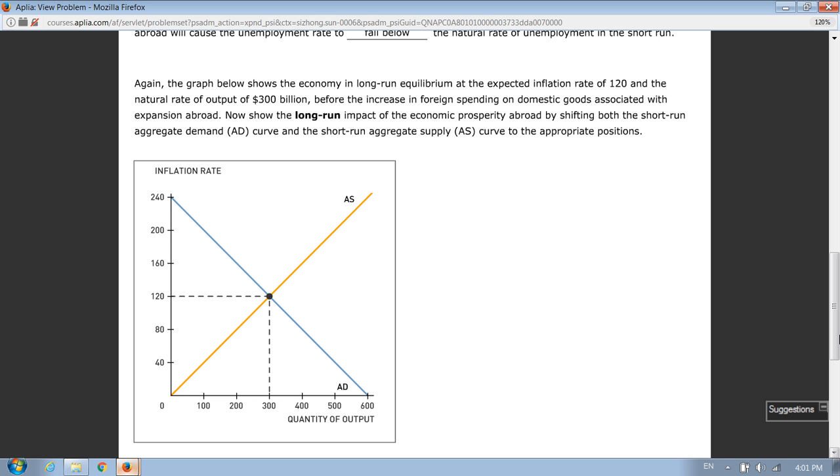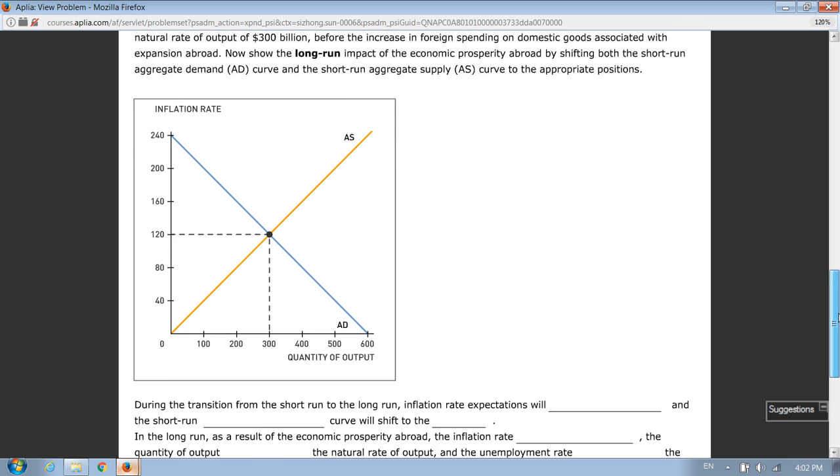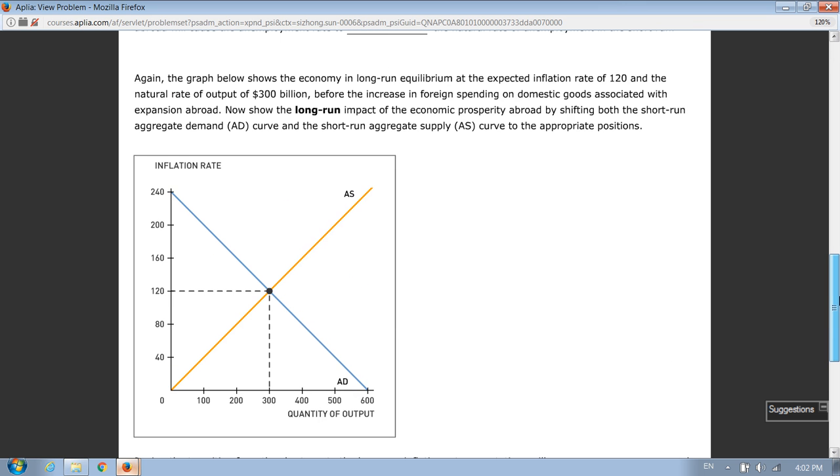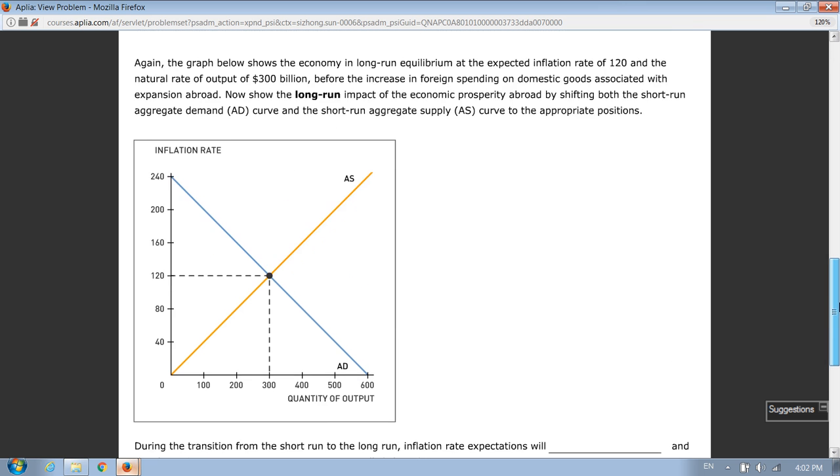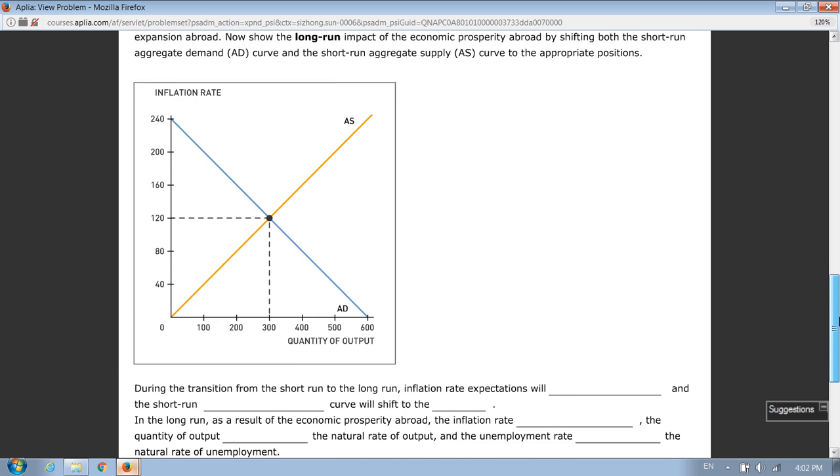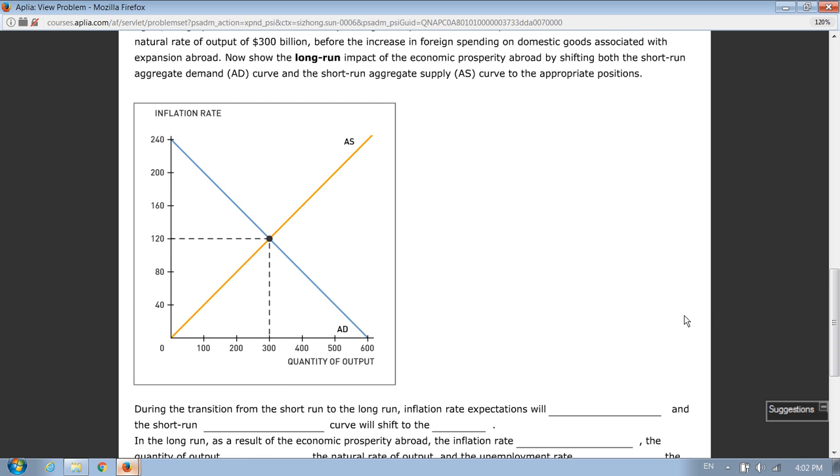Now show the long-run impact of the economic prosperity abroad by shifting both the short-run AD and AS curves to the proper position. So initially, the aggregate demand curve shifts to the right. So we see price goes up, output increases.